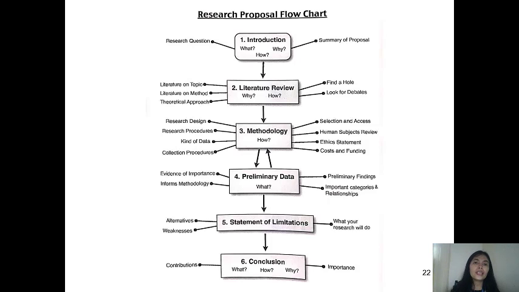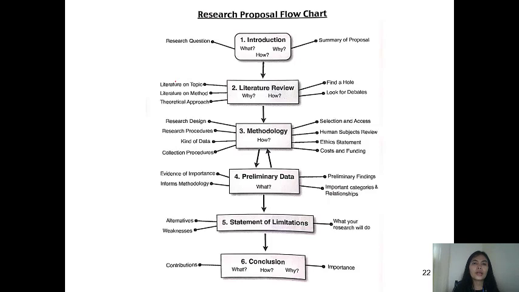Okay, and then you come up with the background by explaining the problem itself, and then the literature review, the gap that you want to fulfill with your research.